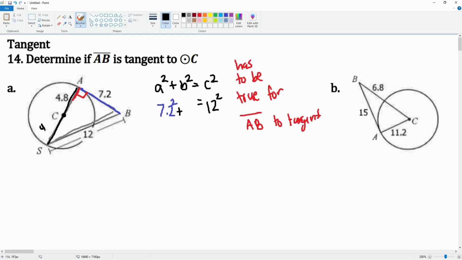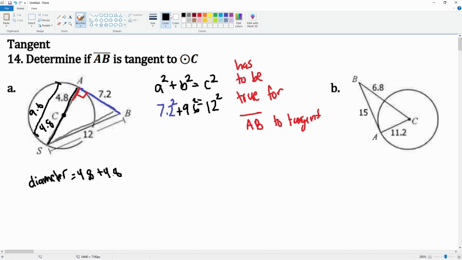So that's 4.8 plus 4.8. The whole diameter, which is this leg, is 9.6. So it's 9.6 squared.